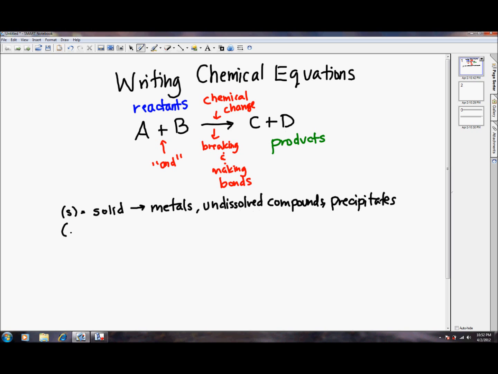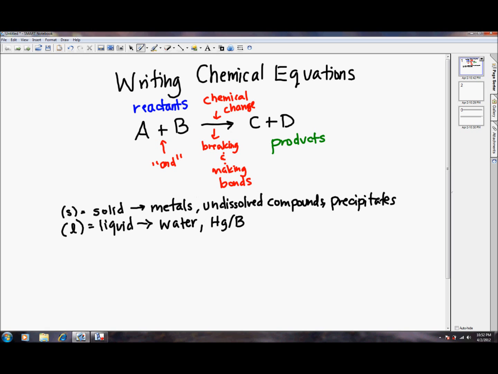The next state of matter, shown by l in parentheses, is liquid. Now, this has very narrow applications. In fact, l is not all that common. If we do see l, it's usually when we're referring to liquid water, if water is an actual reactant or a product in the chemical reaction.